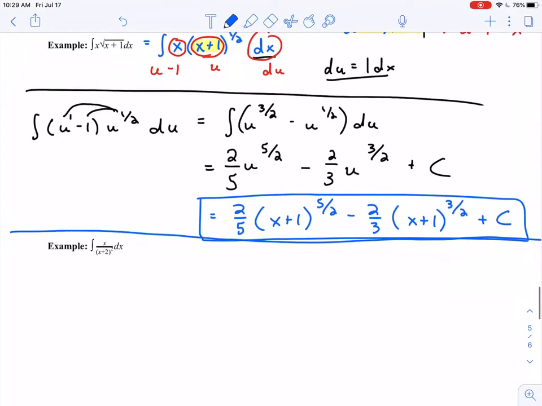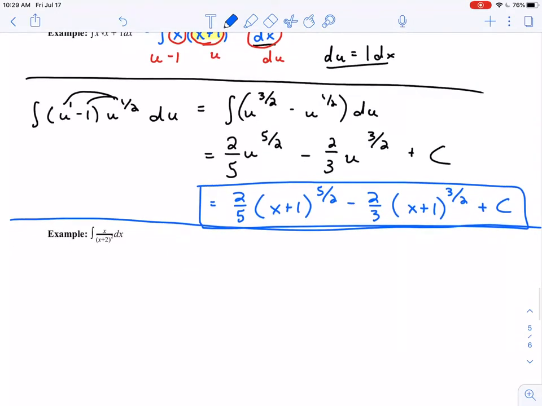So here I have the indefinite integral of x over (x plus 2) quantity squared dx. So again, I learned my lesson last time, and I don't just want to take x to be my u.